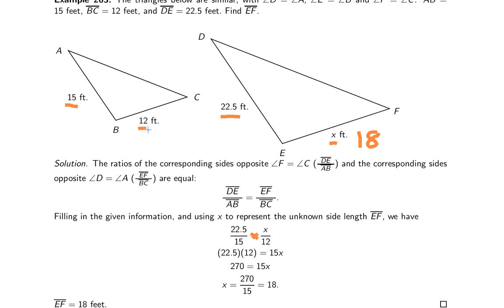Certainly x should be bigger than 12, since this triangle is bigger. So x equals 18. Oh, there were units here, so the units here are feet. I like to take points off if you don't include the units. So here, 18 feet.